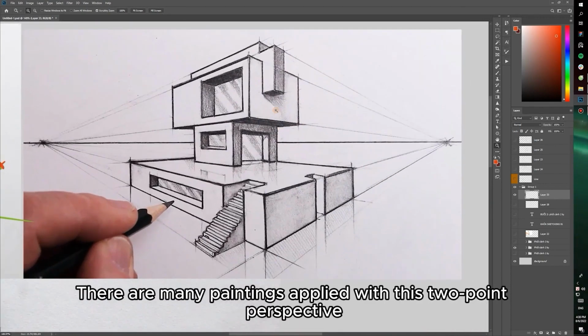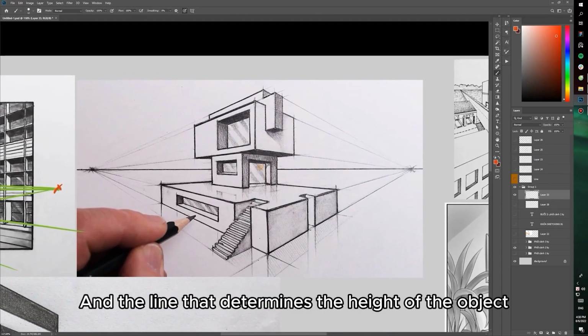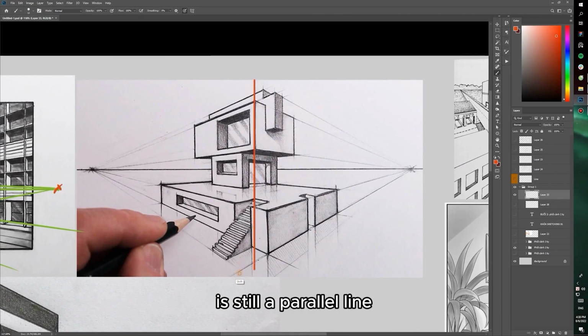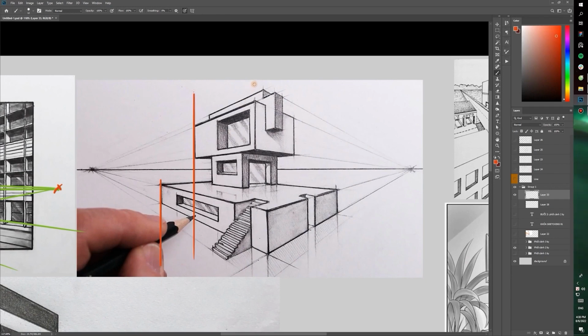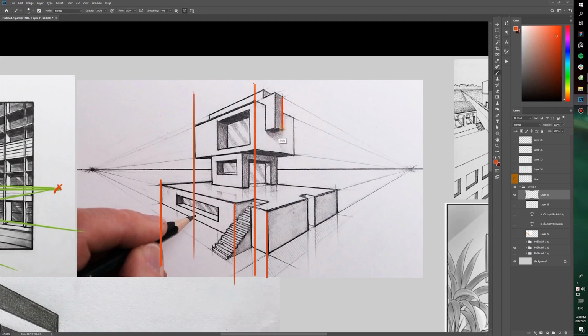There are many paintings applied with this 2-point perspective. And the line that determines the height of the object is still a parallel line. You see it's still aligned like this.